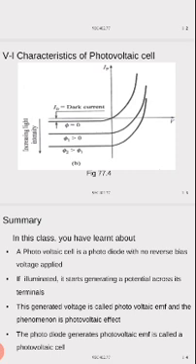If illuminated, it starts generating a potential across its terminals. This generated voltage is called photovoltaic EMF, and the phenomenon is the photovoltaic effect.